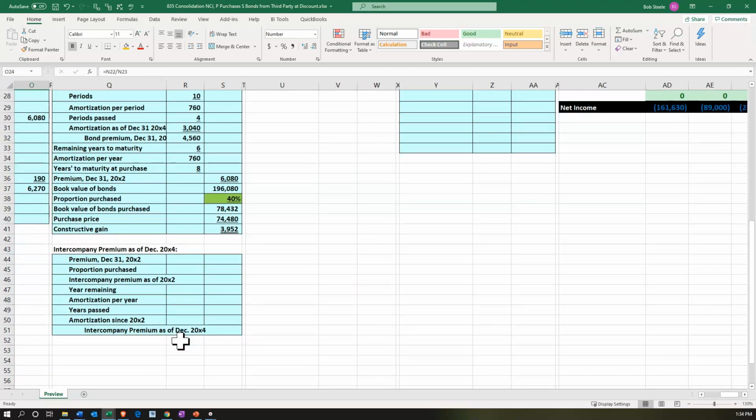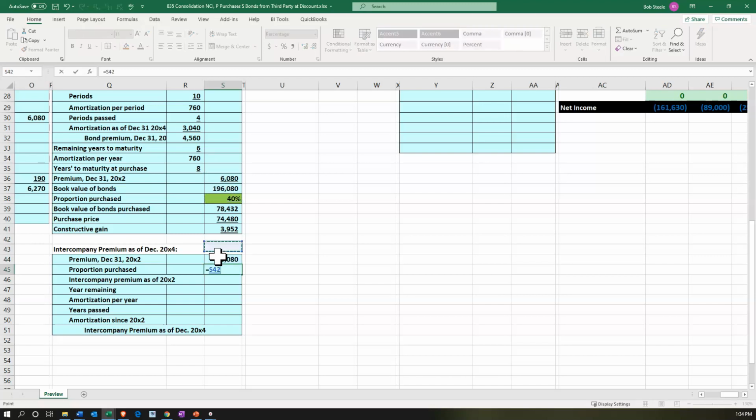We could do a quick little recap of our data up top. We said that the premium calculation was equal to, I'm going to pull over this 6,080. And then let's pull over our percentage of that, which will be the 40%. That means the 6,080 times 40% is going to be the 2,432.